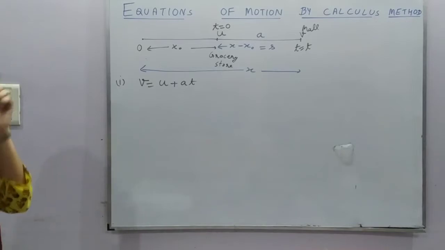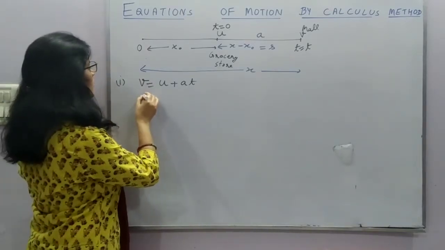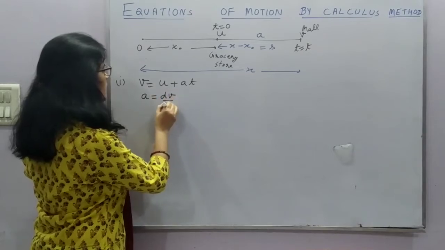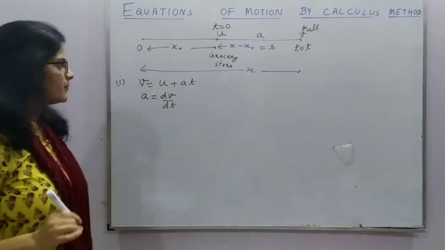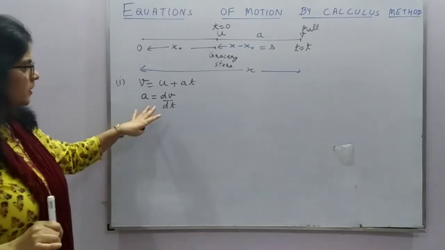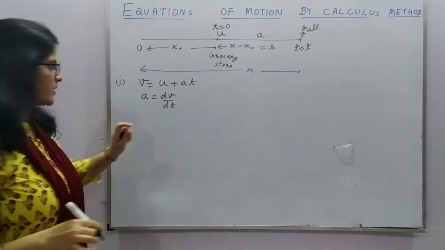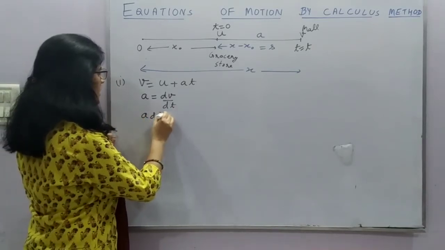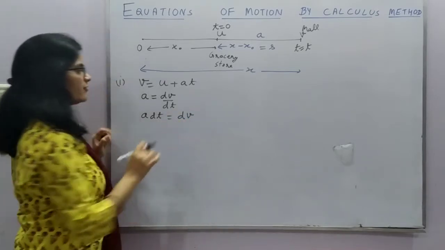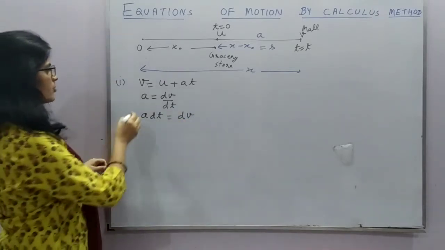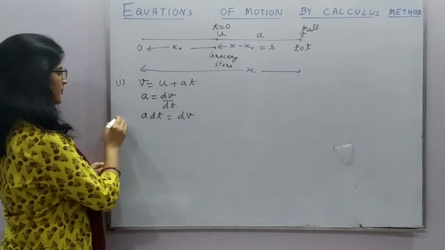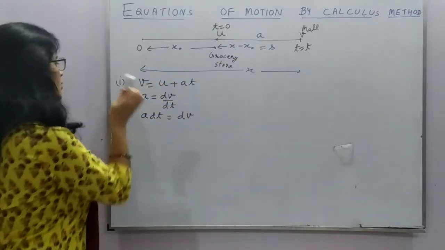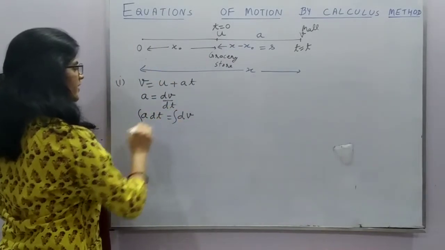So if we talk about this equation, we know that acceleration is what? This is dv by dt, right? Now we know that when we have to find velocity from acceleration, we can cross multiply simply. This is what a dt is equal to dv. And if I want to find out the velocities, so I can integrate both the sides, right? So if I integrate both the sides, I'll have to put an integration sign on both the sides.